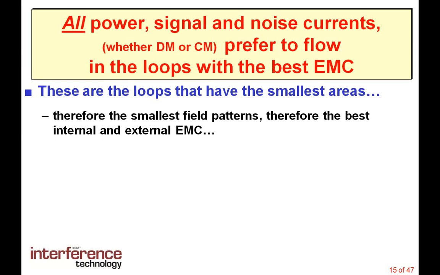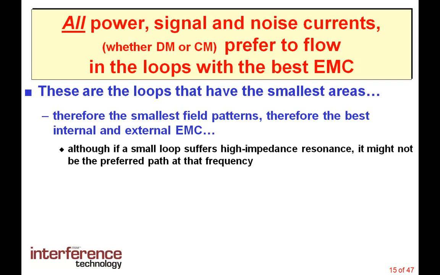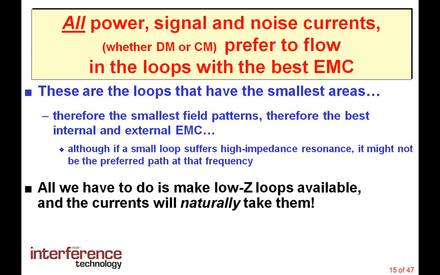It's the realization that all the currents want to flow in the smallest loops, which are the paths which give us the best EMC. We have to beware if a loop, even if it's small, has a high impedance resonance, maybe due to its dimensions, it might not be the preferred path at that frequency, but that's something for another day. All we have to do is make low impedance loops available, and the currents will naturally take them.